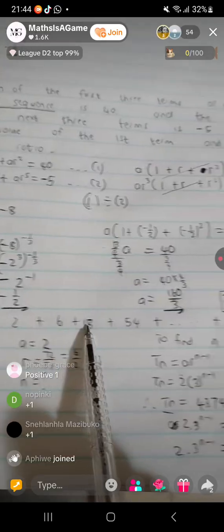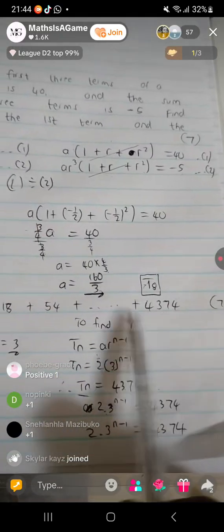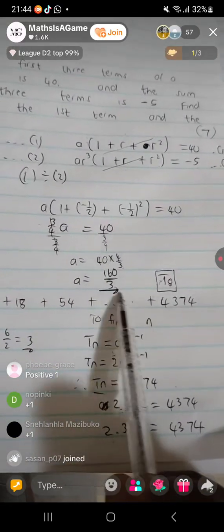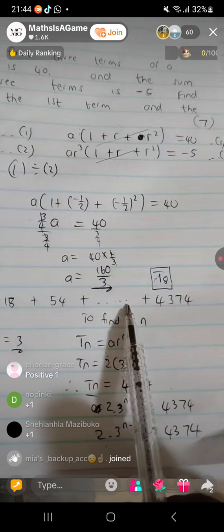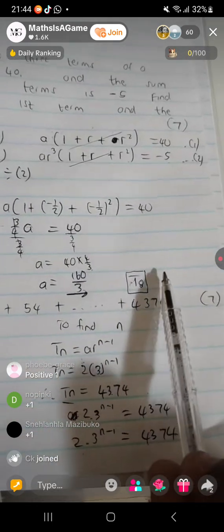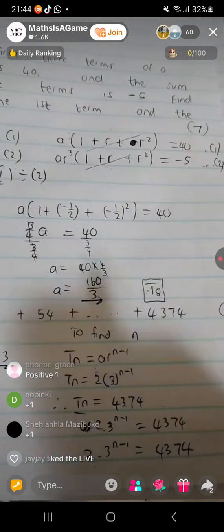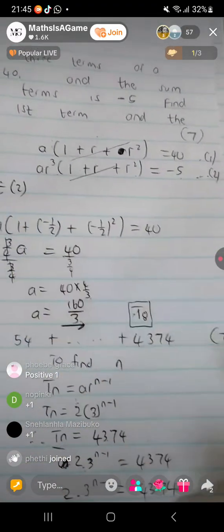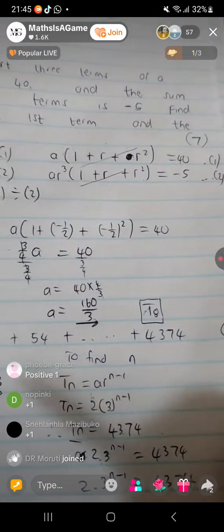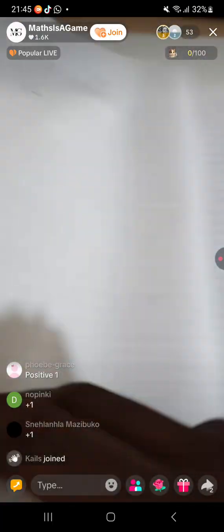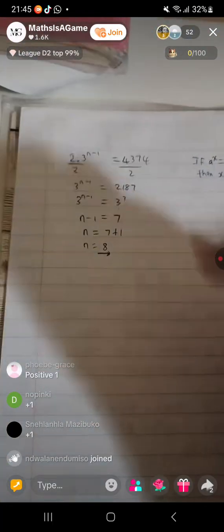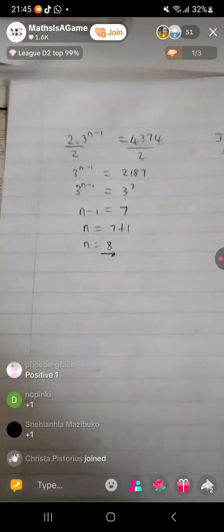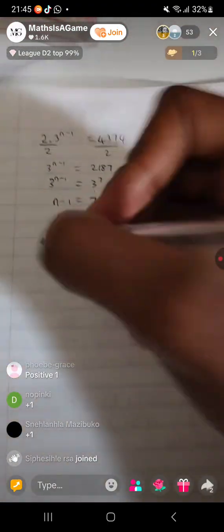It means that the number of terms that are there or are supposed to be here, including the ones that have not been written down, in total gives me 8 terms. I have 8 terms in total, guys. So that means because my n is 8, I have 8 terms in total.